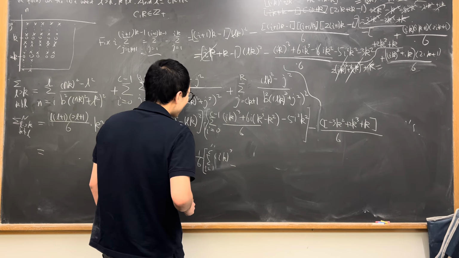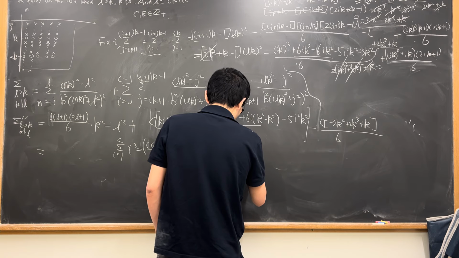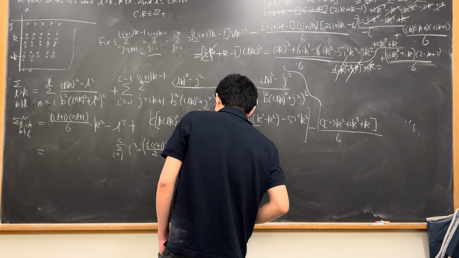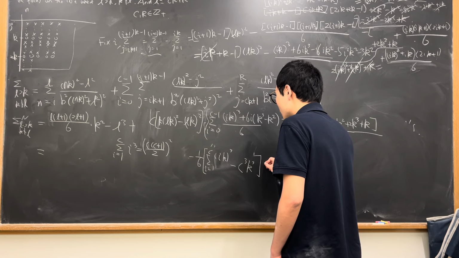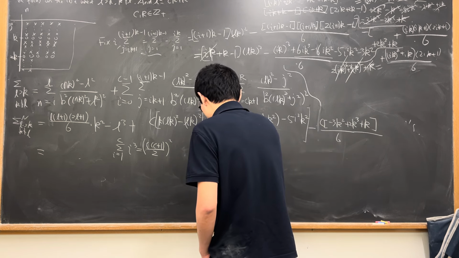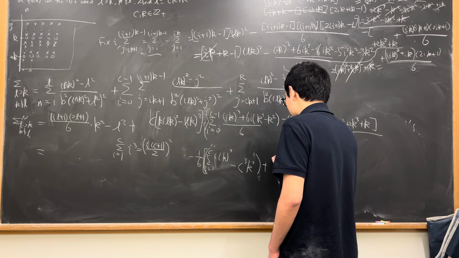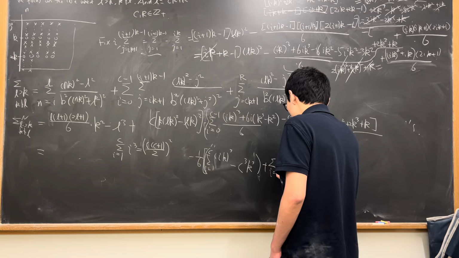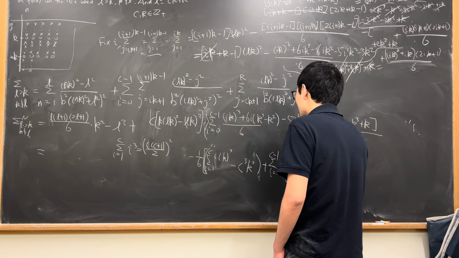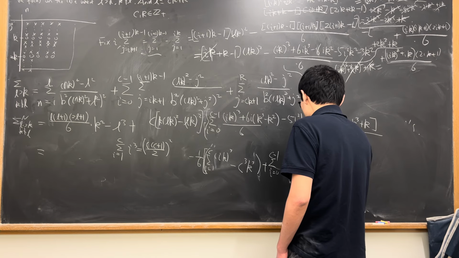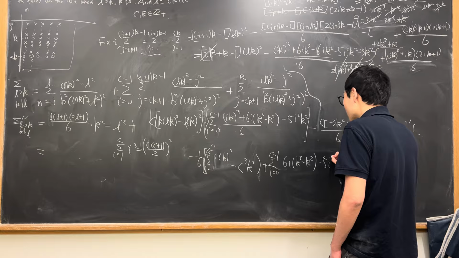Therefore this is equal to the sum from 1 to c, minus c cubed k cubed, plus the rest part: the sum from i equal to 0 to c minus 1 of 6i k cubed minus k squared, minus 5i squared k squared.